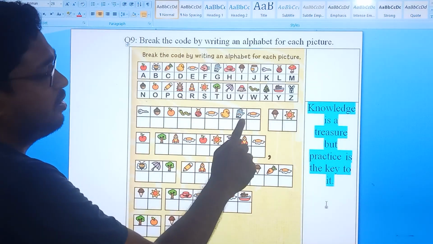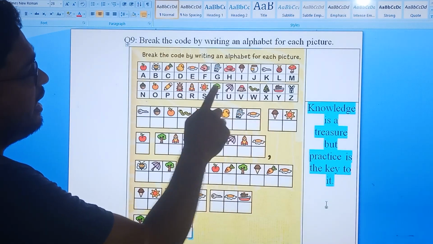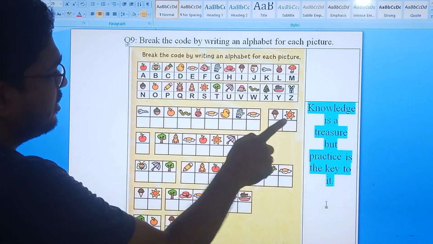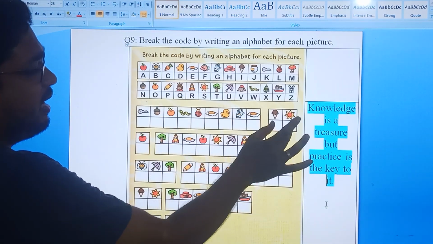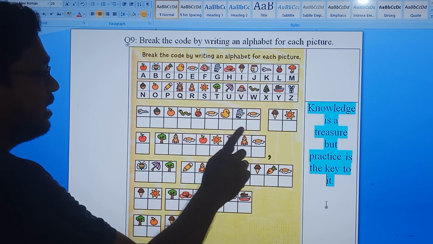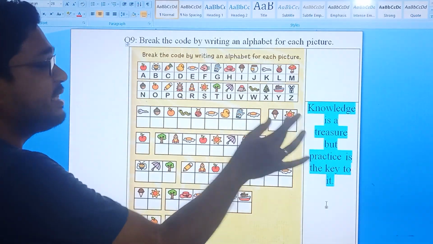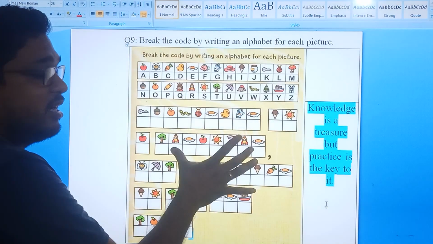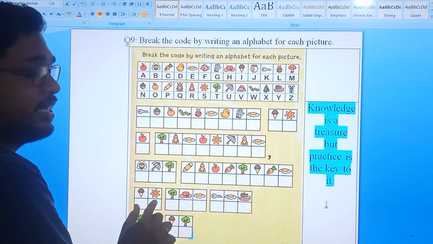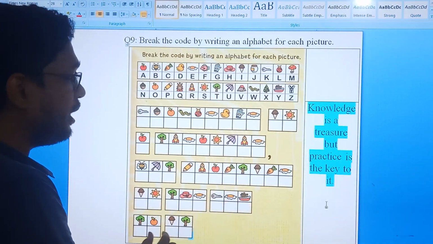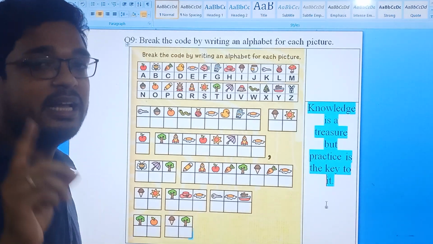It's knowledge. Next, ice cream is I and the sun is S. Knowledge is. Like this, if you solve it, the entire sentence is: knowledge is a treasure, but practice is the key to it.